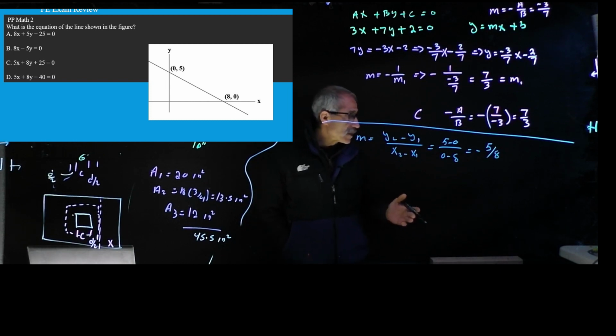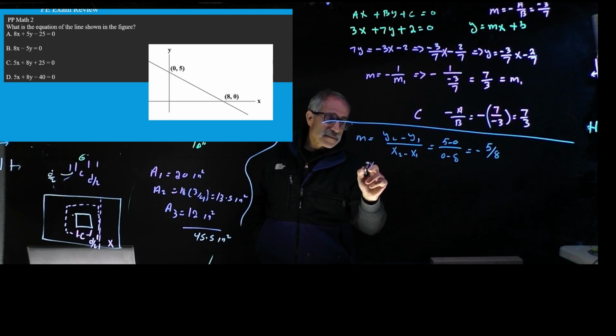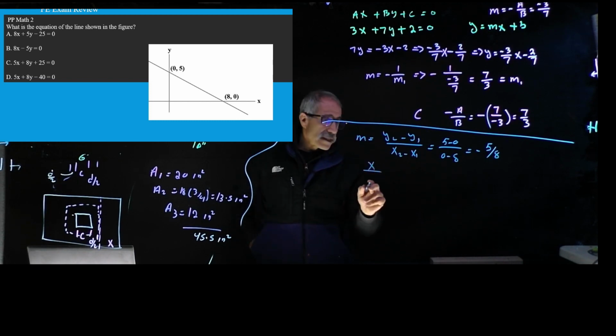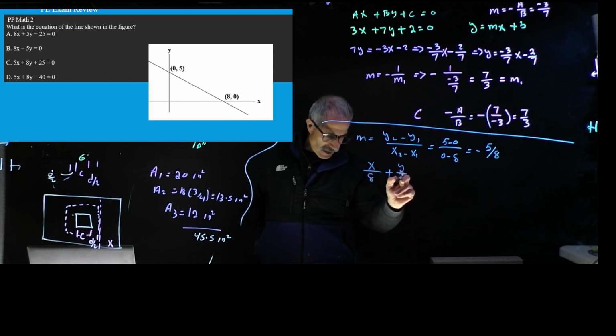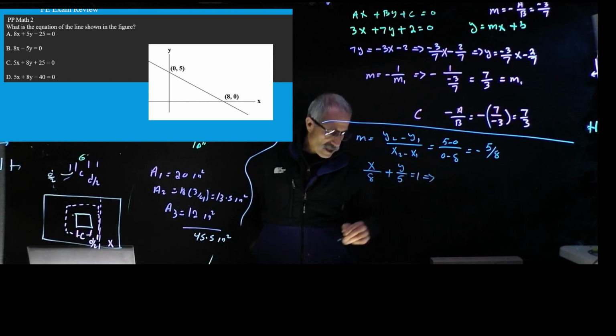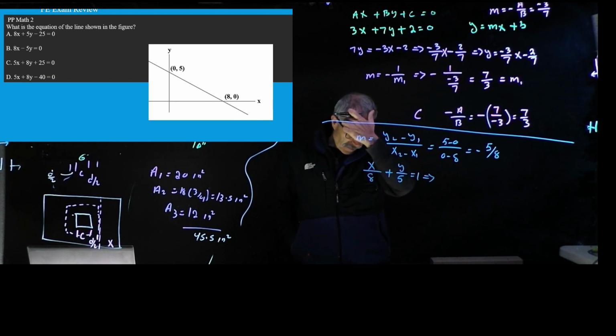Because we have a double intercept, we can say the x-intercept is 8, plus the y-intercept is 5, and that should equal 1. If I go ahead and clean that up, the least common denominator, 8 times 5, is 40.